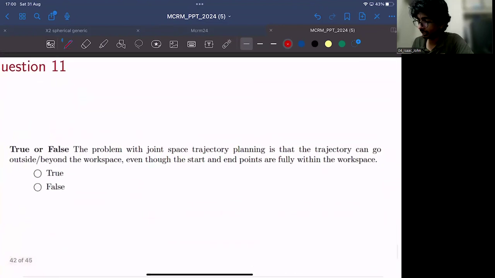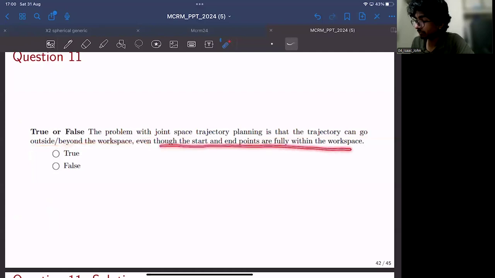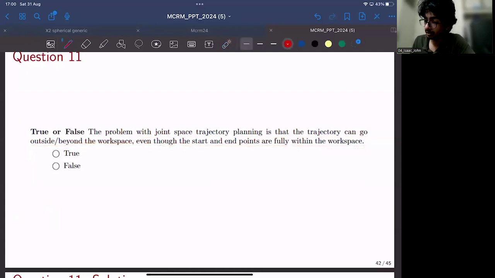Okay, so moving on to the second to last question. The problem with joint space trajectory planning is that the trajectory can go beyond the workspace, even though the start and end points are fully within the workspace.